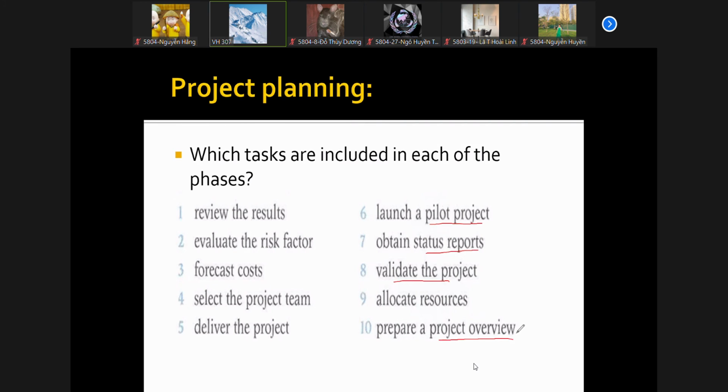Okay, so now let's prepare with your partners, and then after that identify the tasks that can be included in each of the phases here.